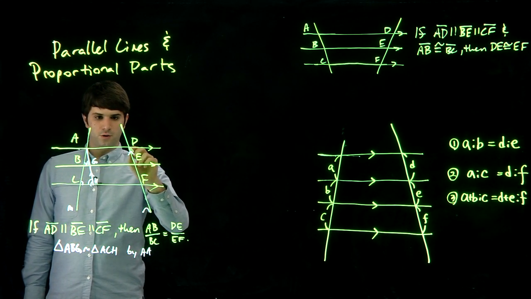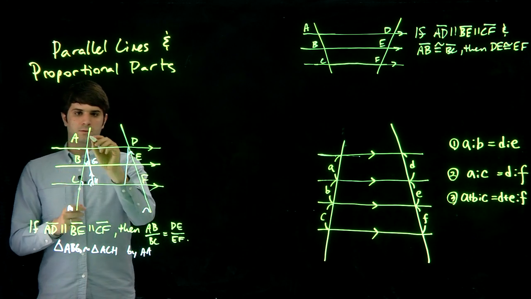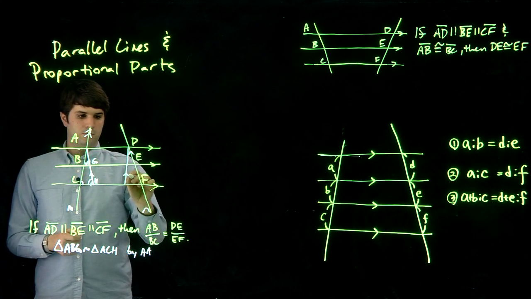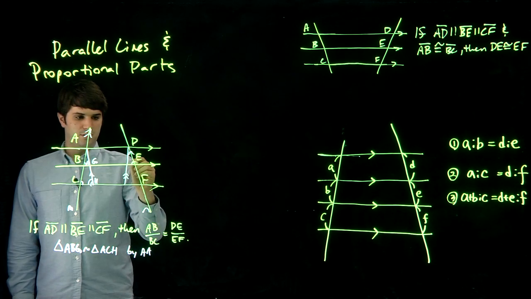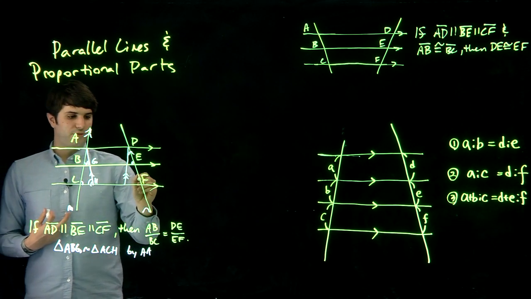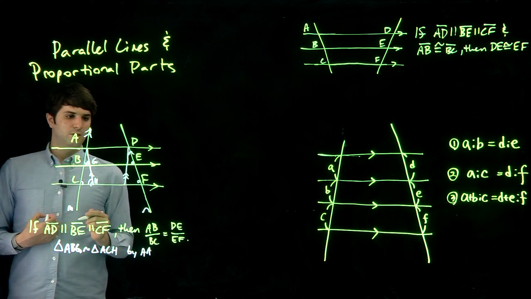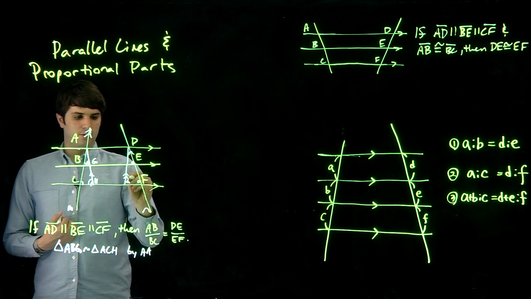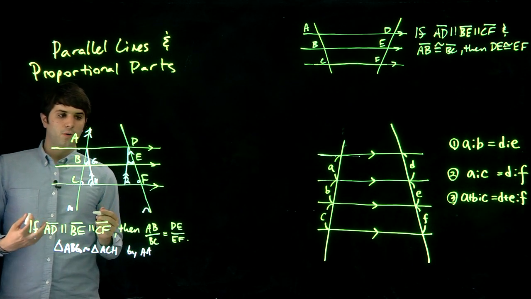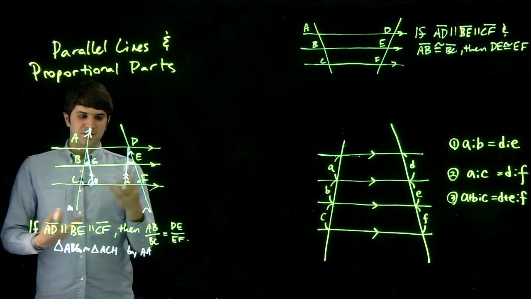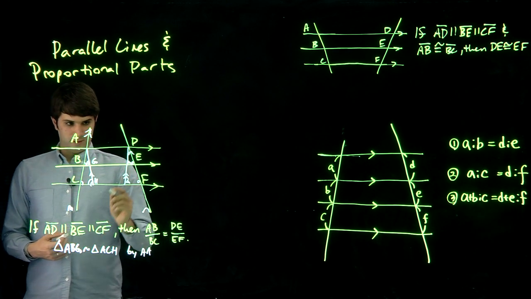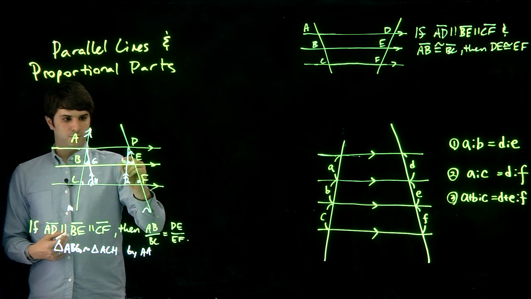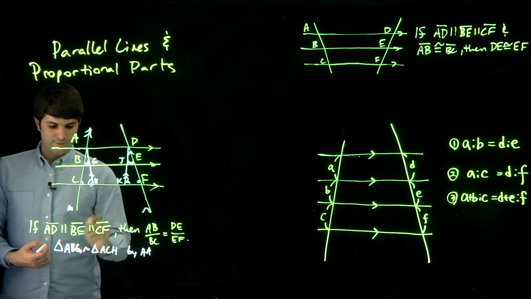I'm not sure I'll go through the whole thing, but if we have another line here that's parallel, then we can show that, let's put a circle here, we know that these are congruent. We also know that, let's put a triangle here, these are congruent. So by the same logic, let's put J and K. Let me write down what I've done here.